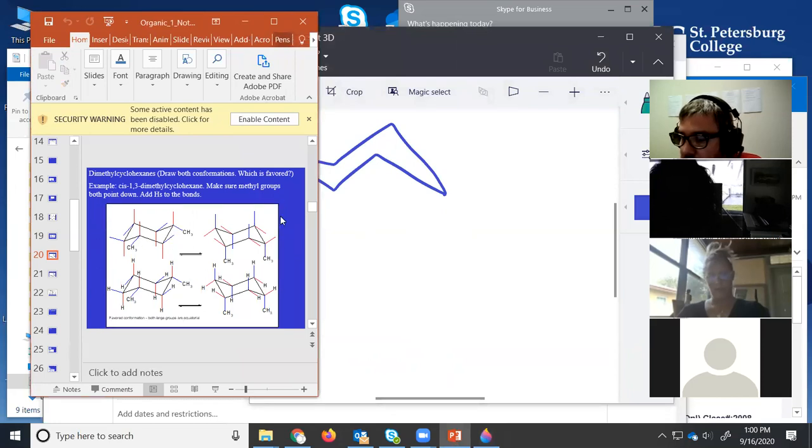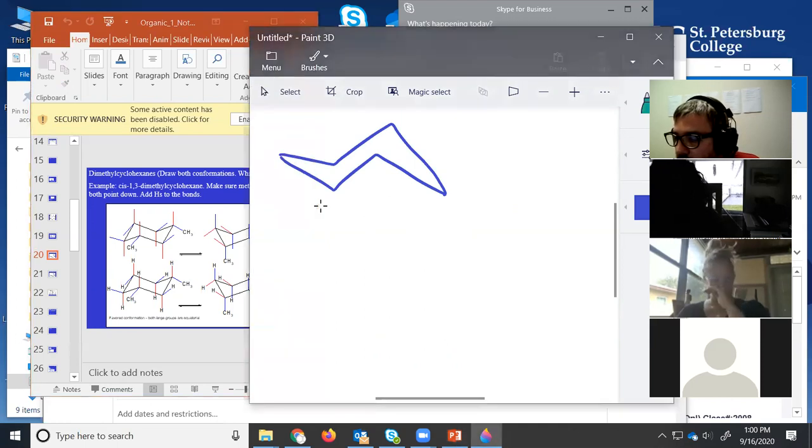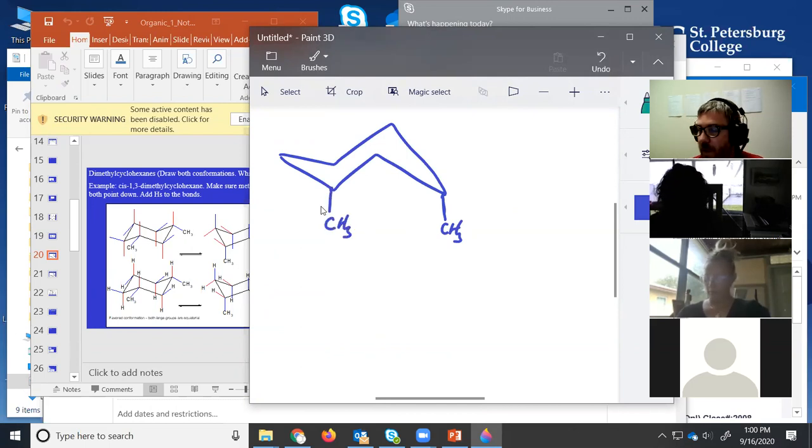I'm just going to stick the methyl groups downwards here. They do have to go in the same direction. Cis means that they are both going to be, in this case, pointing down.